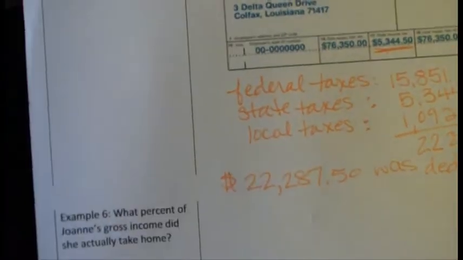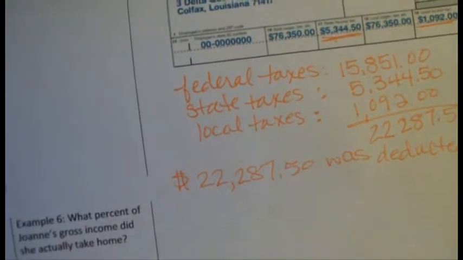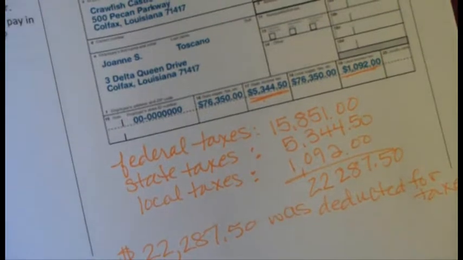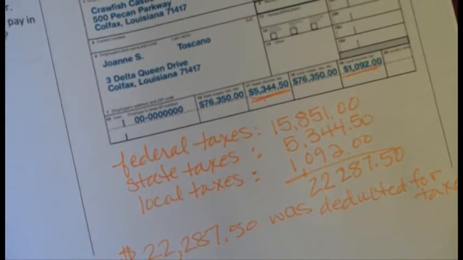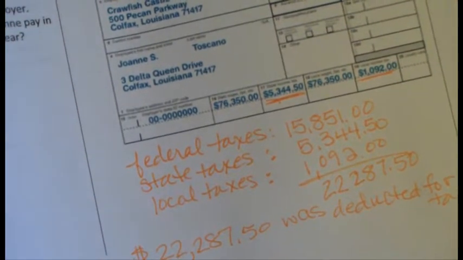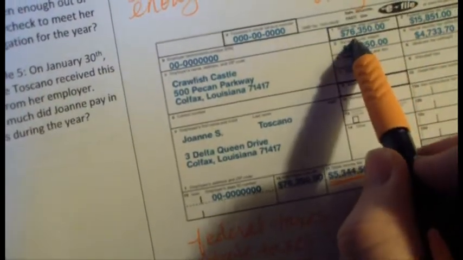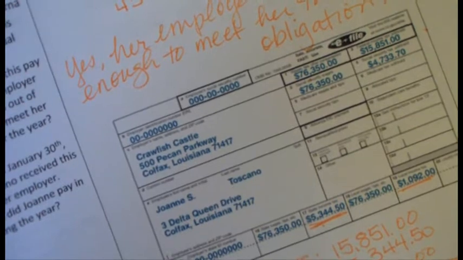Example 6. What percent of Joanne's gross income did she actually take home? All right, so we know her total taxable income was $76,350.